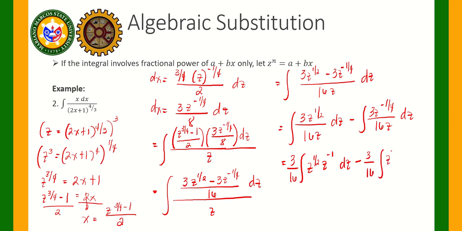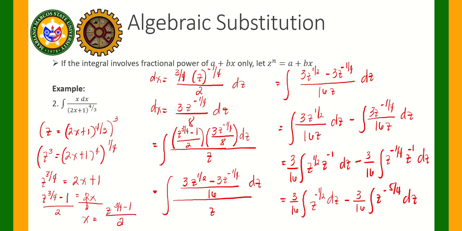We will have z raised to negative 1/4 multiplied by z raised to negative 1 dz. So, this is equal to 3 over 16 times z raised to 1/2 times z raised to negative 1. 1/2 minus 1, that is equal to negative 1/2 dz. Minus 3 over 16, the integral of negative 1/4 minus 1, that is equal to negative 5 over 4 dz.